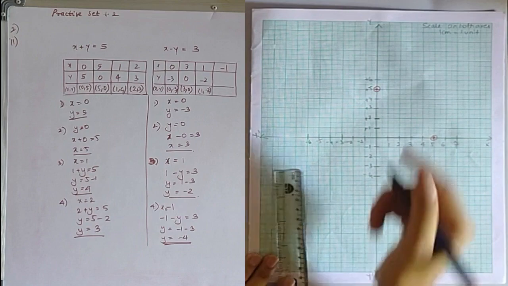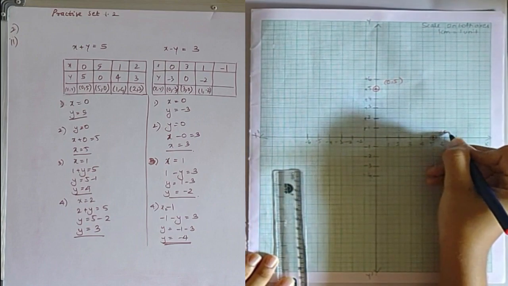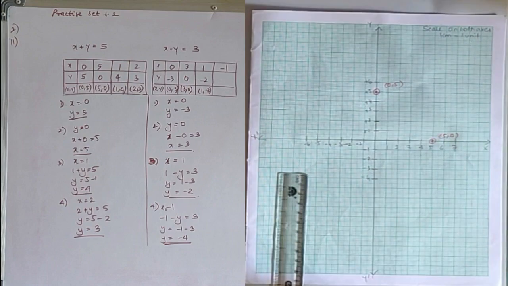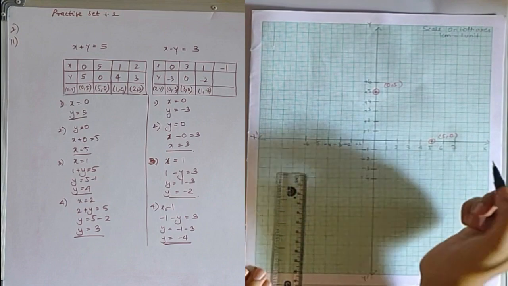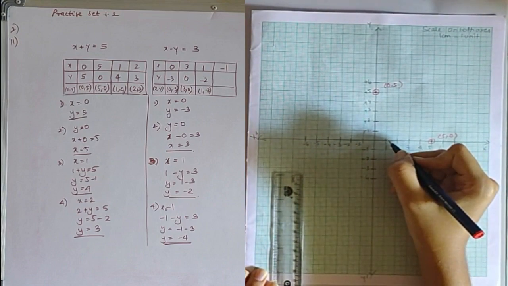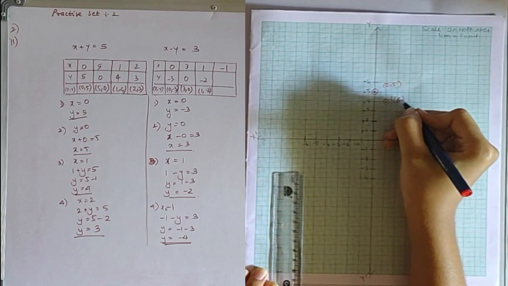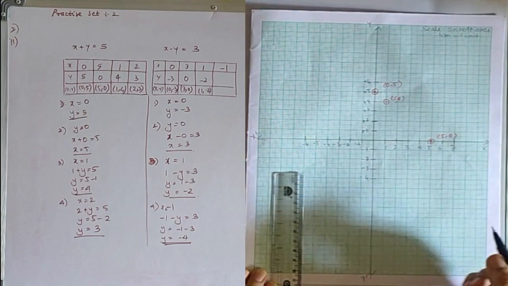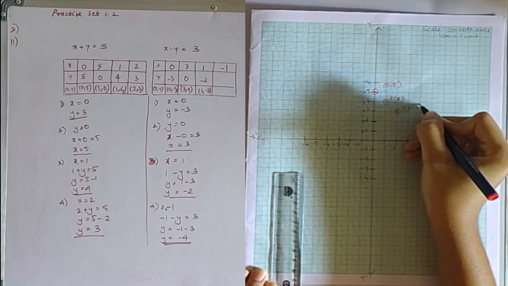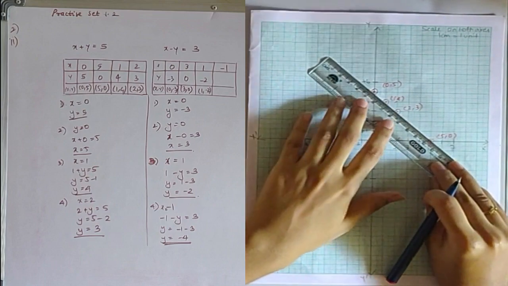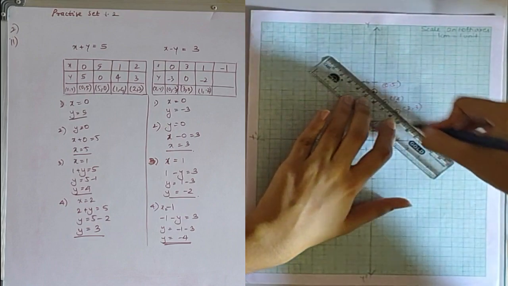This is my 5, 0. X is equal to 1 and y is equal to 4. So how will I plot that? 1, 4. So this is my 1, 4. Fine. Next 2, 3. So this is my 2, 3. Now I'll draw a line through these 4 points. Fine.